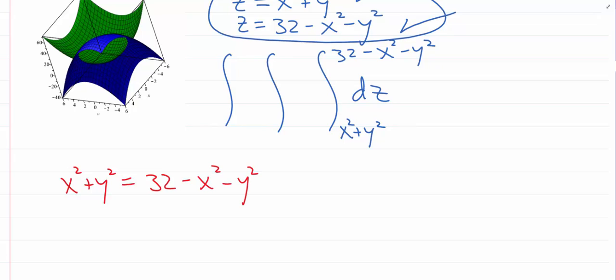So I set those equal and solve, and look what I get. If I go through this, I get x squared plus y squared is equal to 16. See? If I bring over the x squared, I get 2x squared, 2y squared, divide out the 2, and I get this. So if you look at where these two surfaces intersect and project them down on the xy plane, you get x squared plus y squared equals 16.